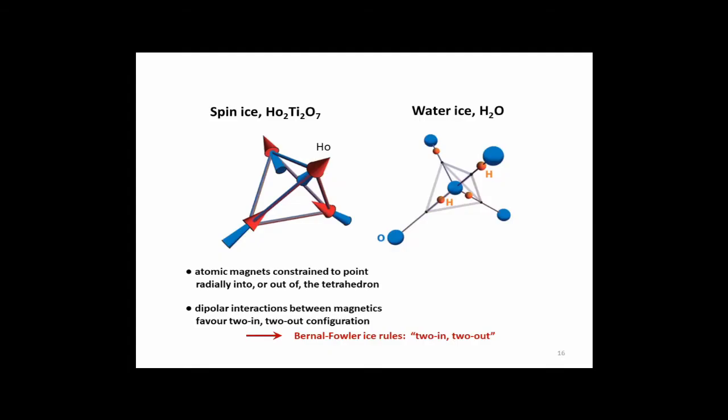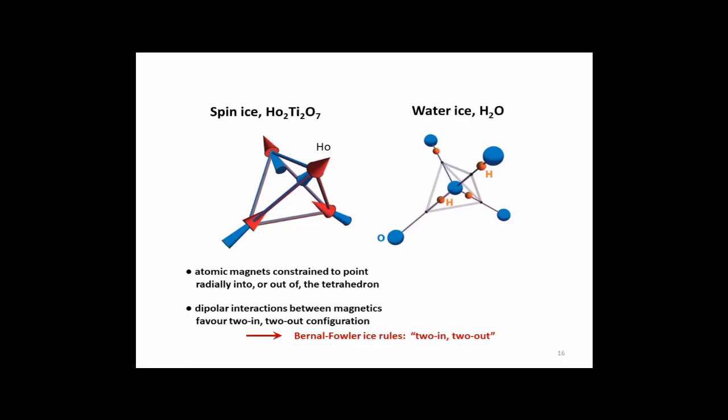There's a strong parallel with the way in which water molecules are arranged in ice. I showed a water molecule before, two hydrogens and an oxygen in this shape. In water ice, you can think of these as being at the center of a tetrahedron, with the bond from the oxygen to the hydrogen pointing towards a vertex of the tetrahedron.